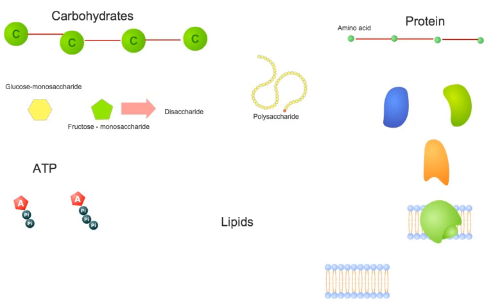Now, when we're talking about carbohydrates, we all know that pastas, breads, potatoes consist of carbohydrates. So do your candy bars, pop, and sugar. So let's talk about the different types of carbohydrates. You have simple carbs and you have complex carbs.